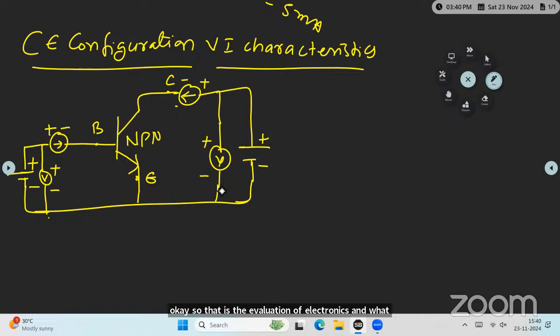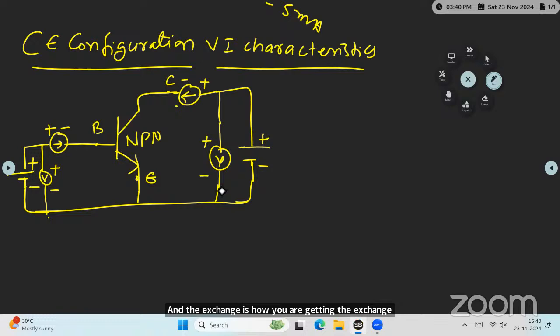Two types. What are the two types? Intrinsic and extrinsic, pure and impure. All fourth group elements are pure semiconductors. And how are we getting the extrinsic semiconductors?